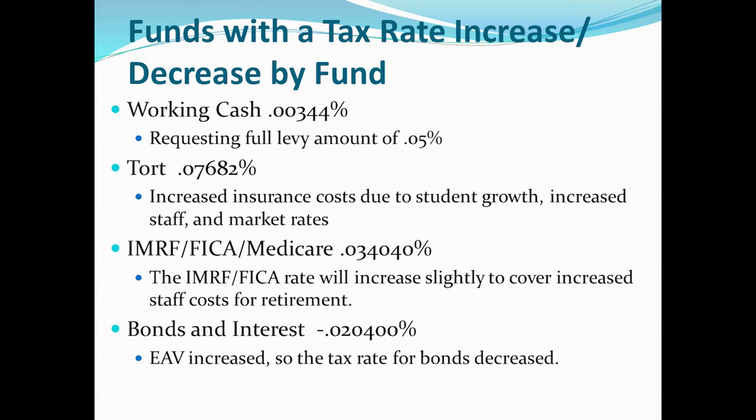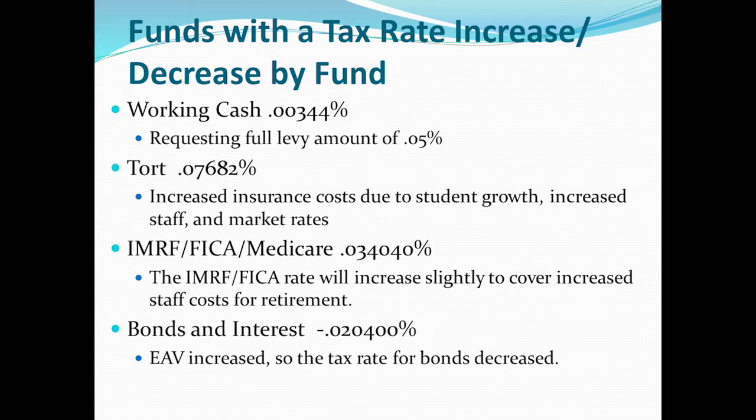Working cash had an increase because we are requesting the full levy amount, which we did last year, but we didn't actually get that when the extension came out. And then tort is going up to help cover the additional costs of insurance, legal expenses, student growth, the cost to insure more buildings, more buses, to have more staff. All of those increase tort expenses.